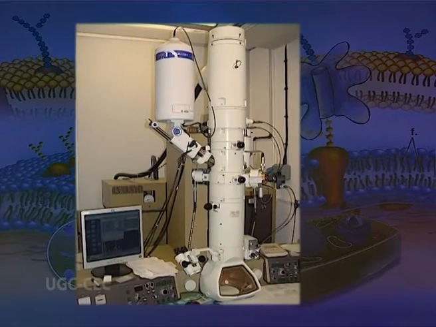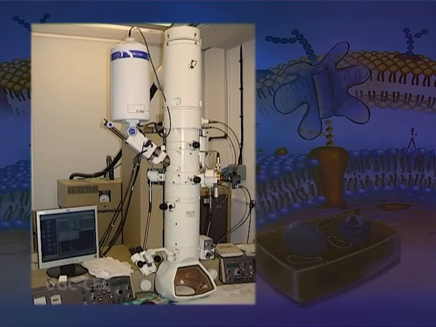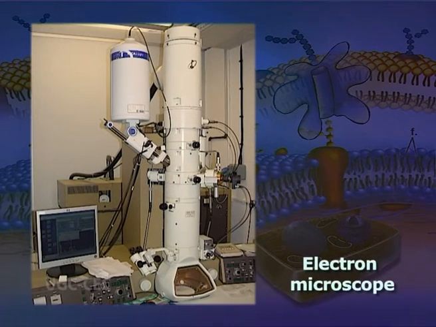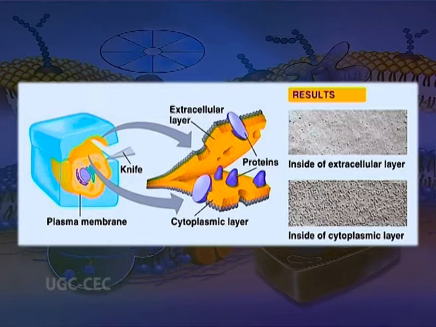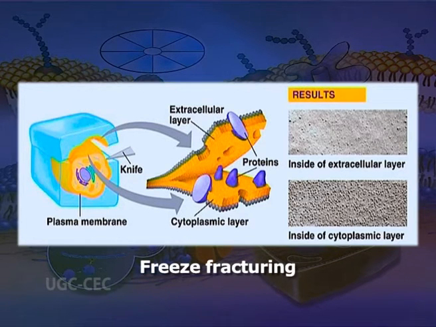A number of histochemical techniques using electron microscopy may give information about the fluidity of the membrane. Another extremely valuable tool is freeze fracturing, with which it is possible to demonstrate the movement of the particles in response to different experimental conditions that produce changes in the molecular structure of the membrane.